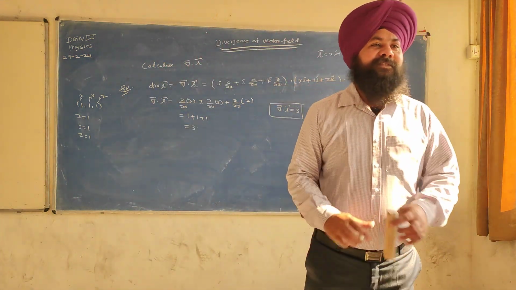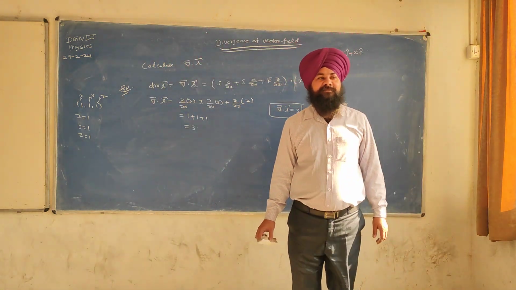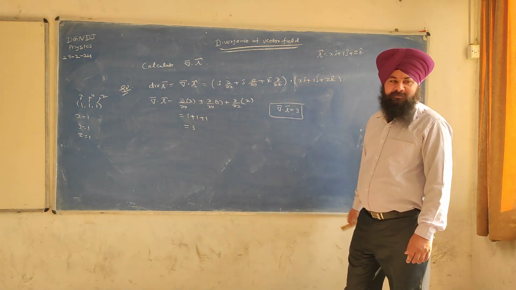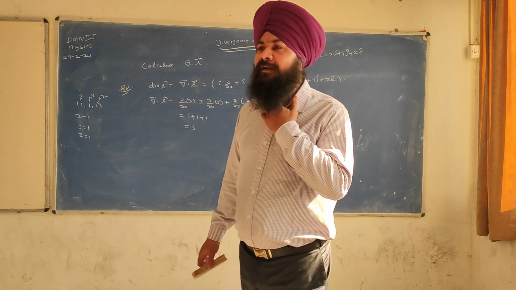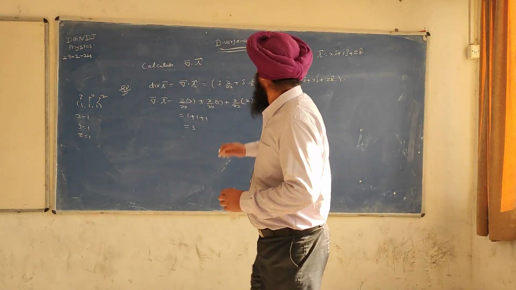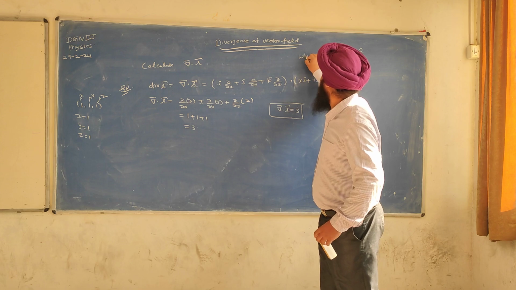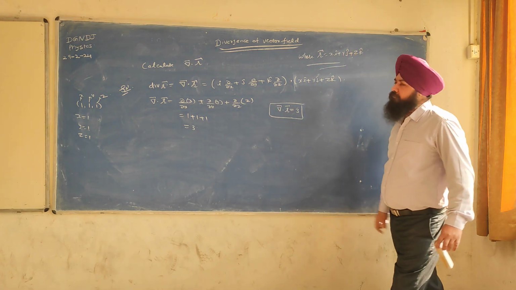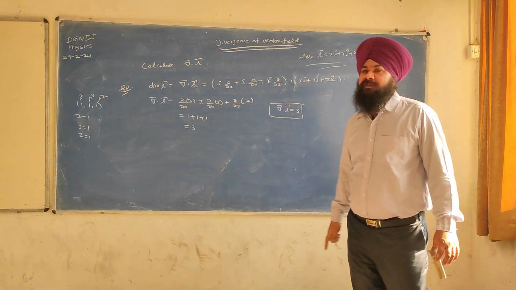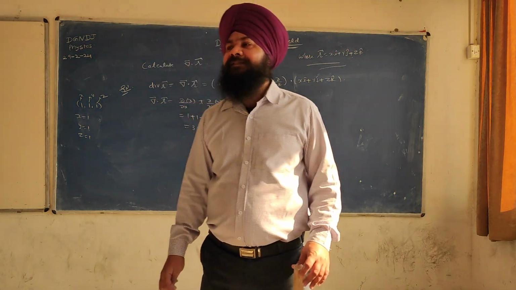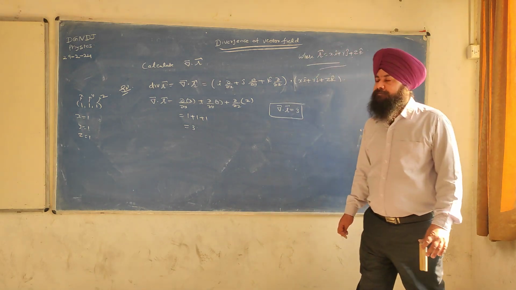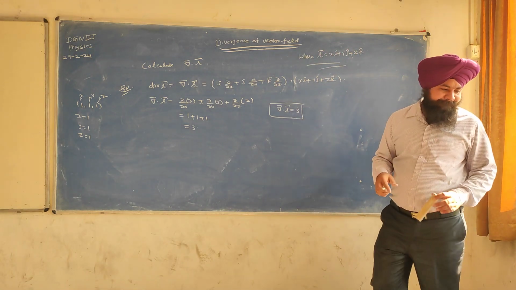You can write this at the start: del dot r is equal to 3, where r is the position vector. r may be given or may not be given, r is equal to xi cap plus yj cap plus zk cap. Okay.